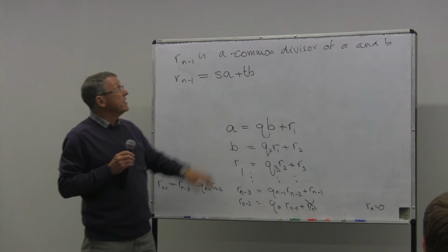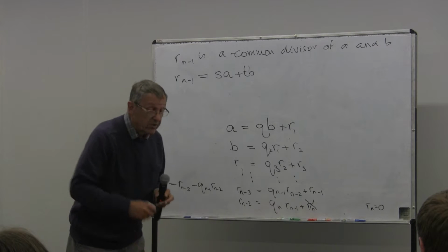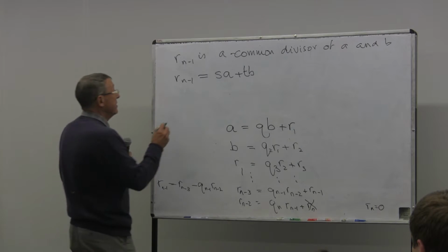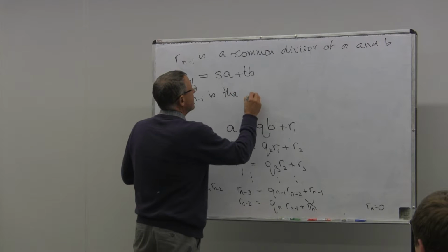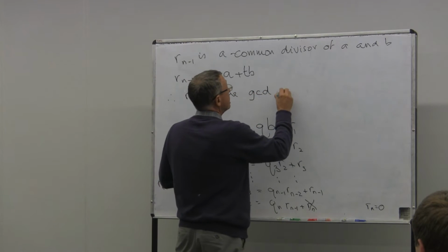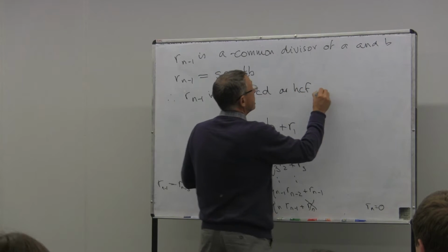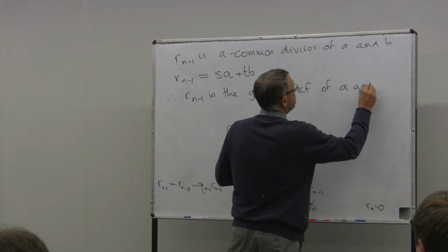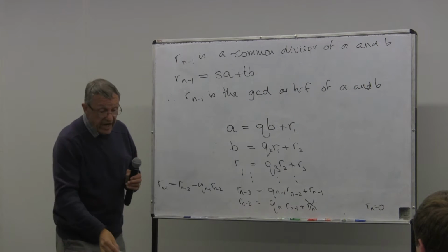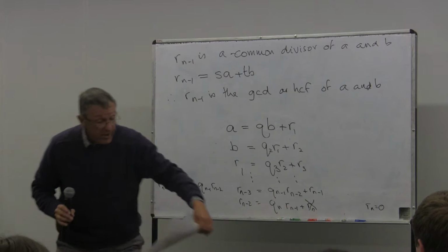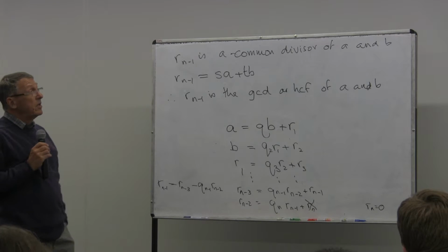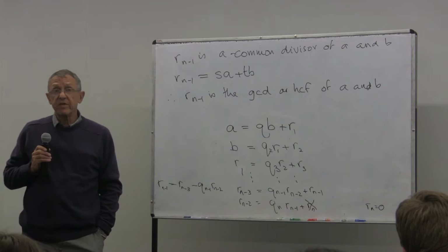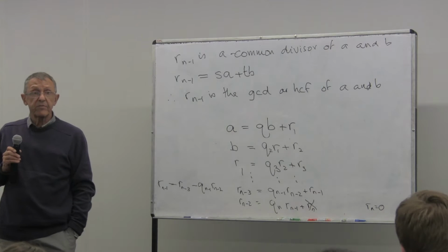And from that, you see that Rn minus 1 is the greatest common divisor, or if you like, highest common factor of A and B. And so by repeated application of the Euclidean property, we get this algorithm for finding the greatest common divisor of any two integers.